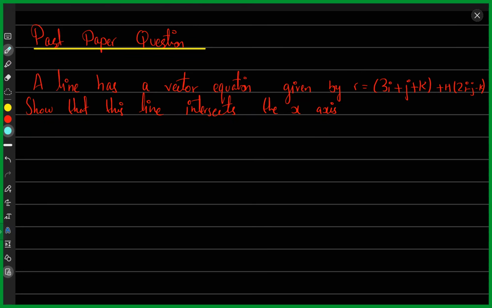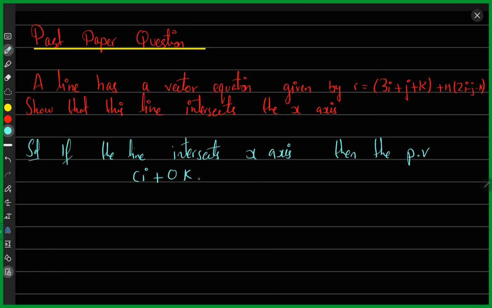Okay. Now we know that if the line intersects the x-axis, then the position vector of that point would be ci plus 0k plus 0j.